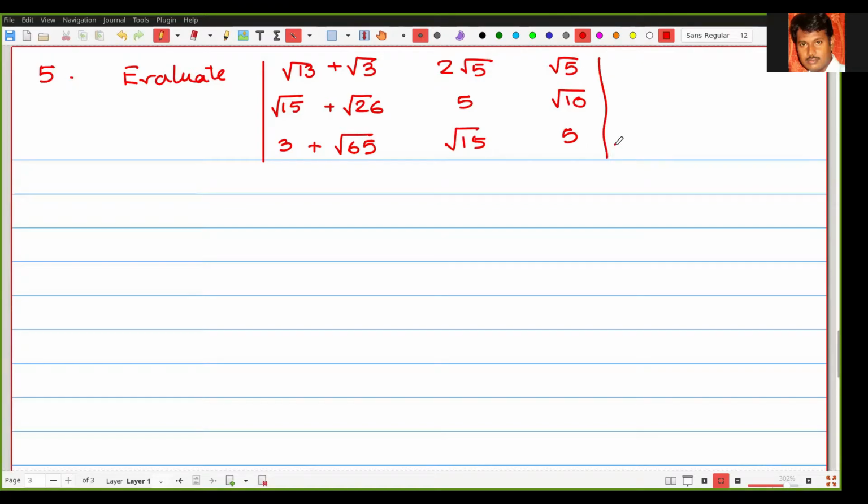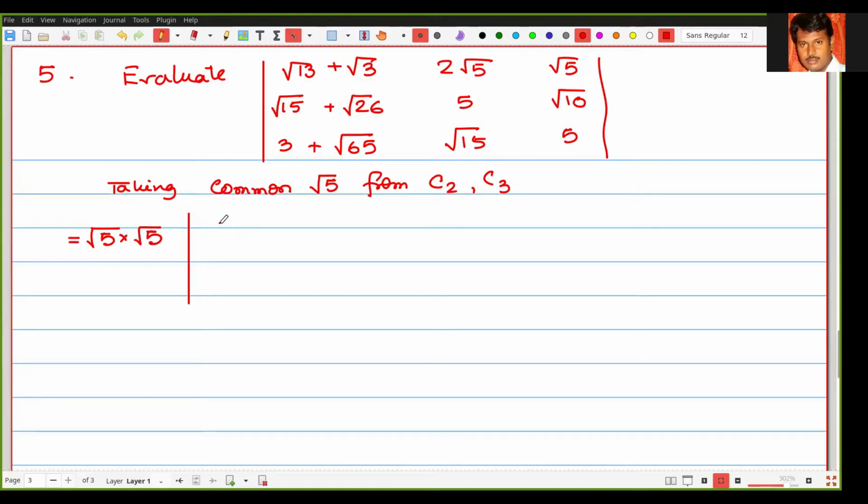Now, how to evaluate? At first, we are taking common from C2 and C3. Taking common square root of 5 from column 2 and column 3, that one is now square root of 5 into square root of 5.